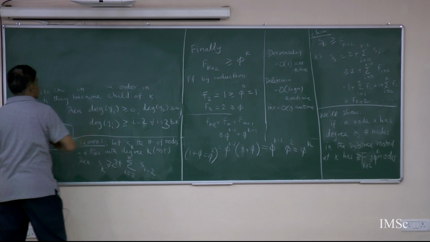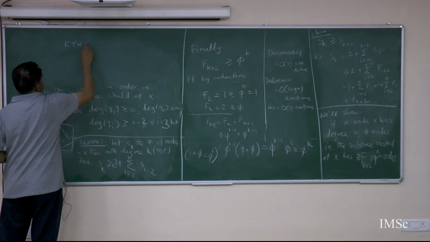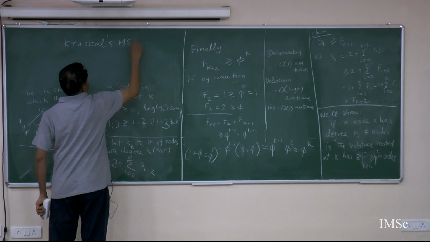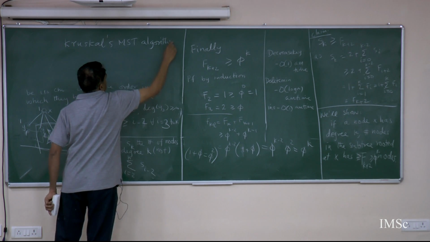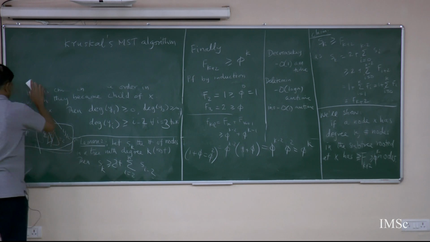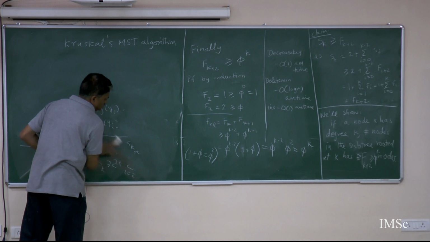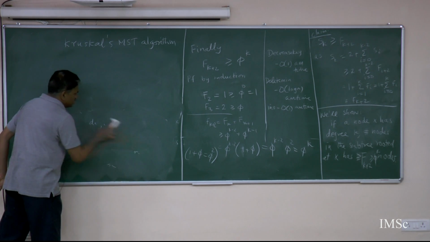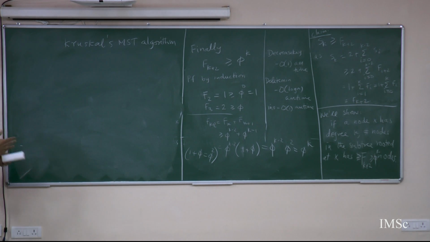So let you recall Kruskal's minimum spanning tree algorithm. Anybody remembers how it works? The two popular minimum spanning tree algorithms are one due to Prim and the other due to Kruskal.